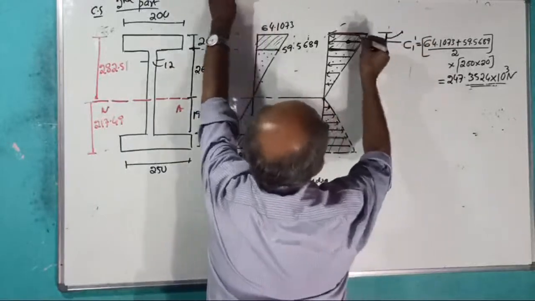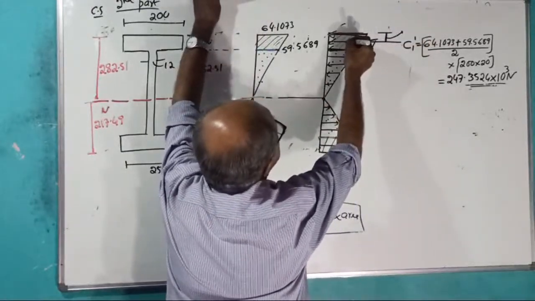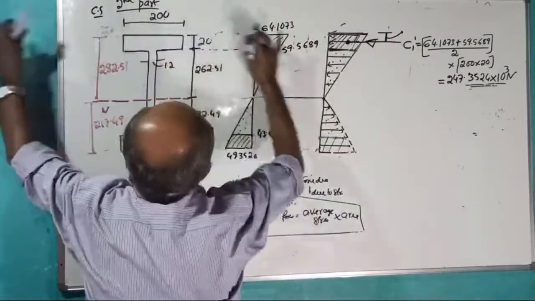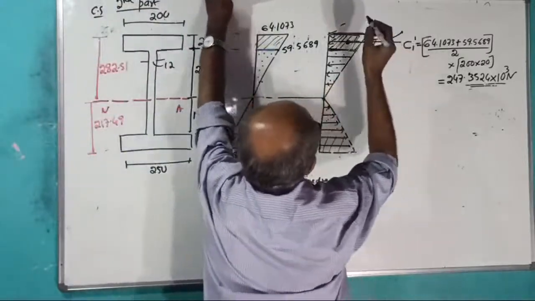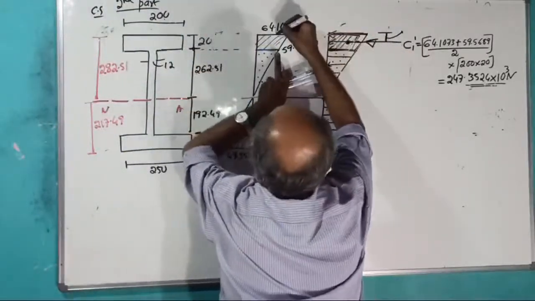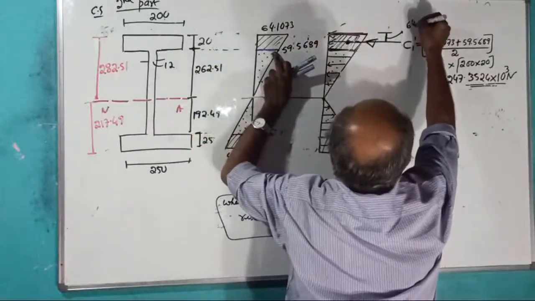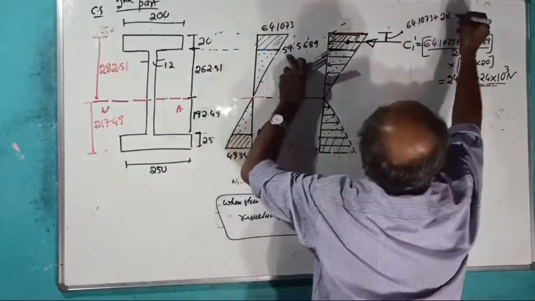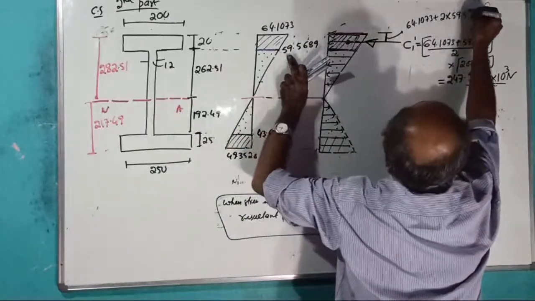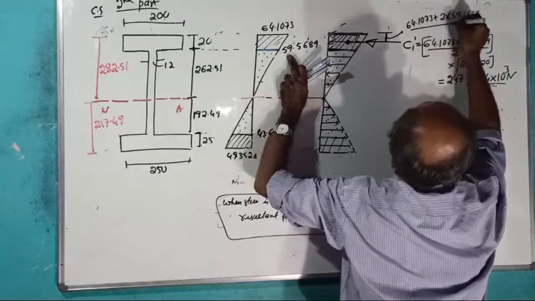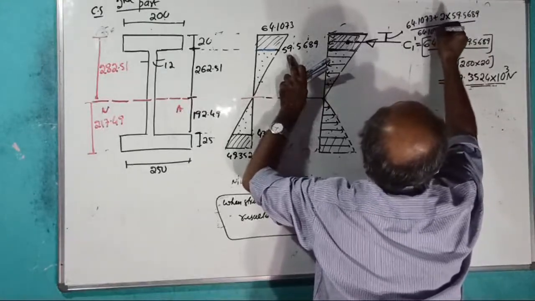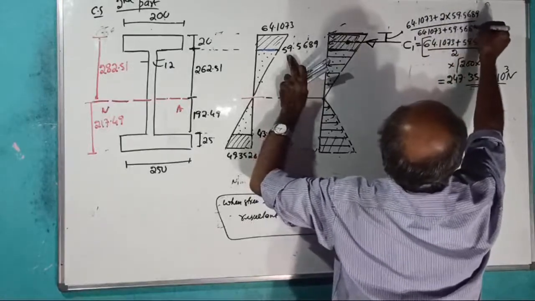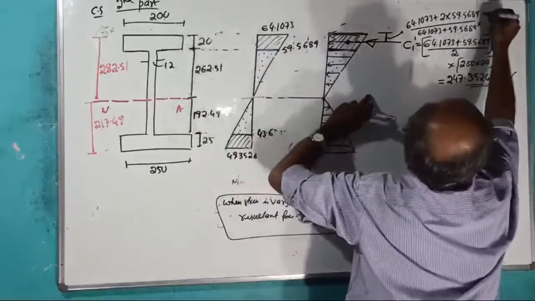This distance is where the resultant force will pass through the CG of this stress diagram, because the area is uniformly spread. The distance of CG from here equals 64.1073 plus twice of 59.5689, divided by 64.1073 plus 59.5689, into 20 divided by 3.